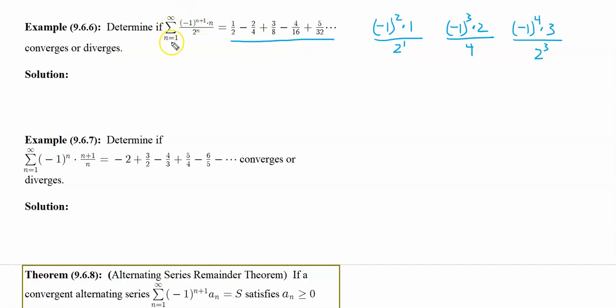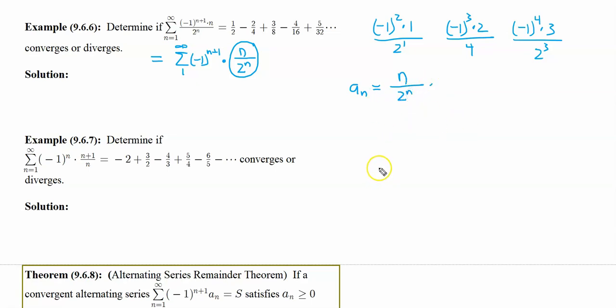So we have to identify what the a_n terms are here to use the alternating series test. So let's just notice that we can write that series right here. Okay, so these are the a_n terms that we're working with.